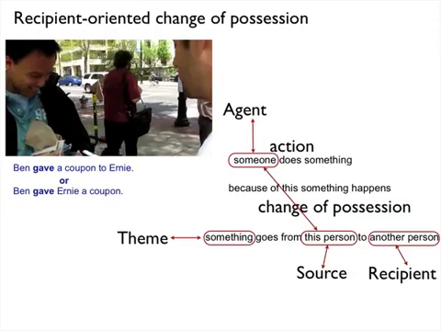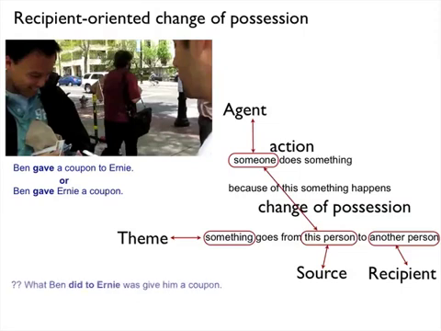Another really basic scenario is where you have some sort of change of possession. Something goes from the dominion of one person to the dominion of another, is the typical scenario. And that can be metaphorically extended to non-animate things, but the typical scenario is that you've got an agent doing something and causing something to change possession, usually from the agent to someone else.